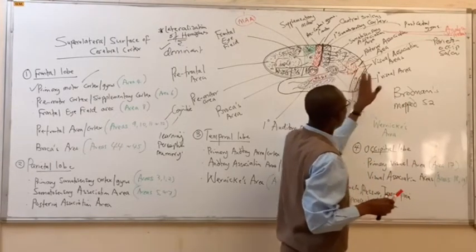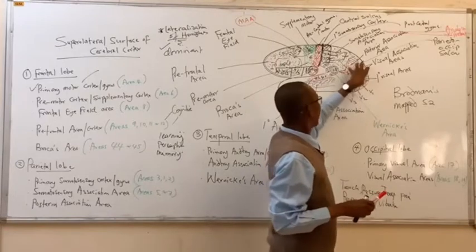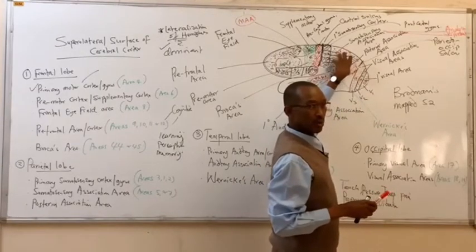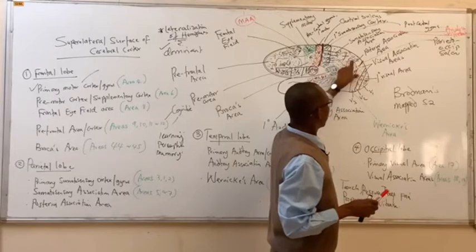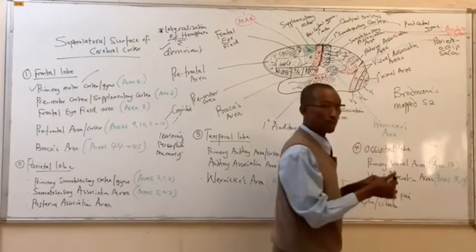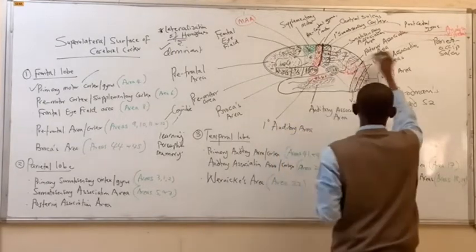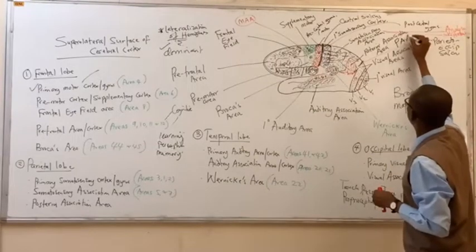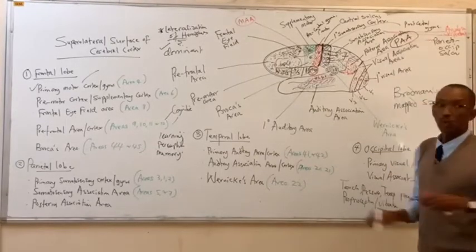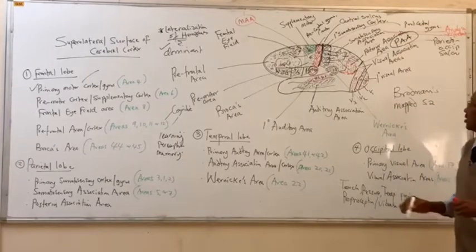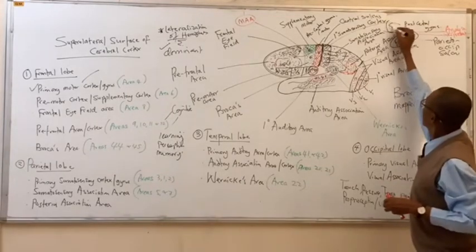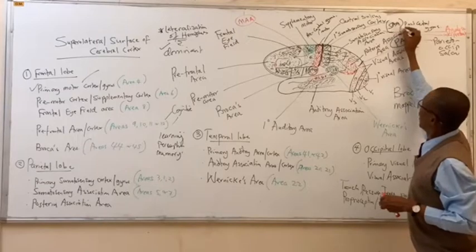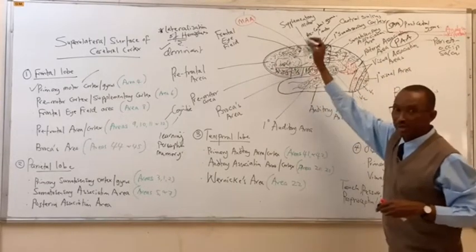Again, in between the occipital cortex and the parietal cortex or lobe, there is an area which is a pool of sensation, what we call the posterior association area. We call it PAA. Posterior what? Posterior association area. This one is called SAA, and this one is MAA.